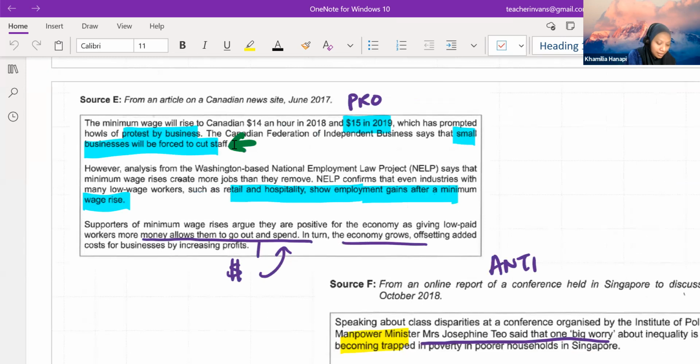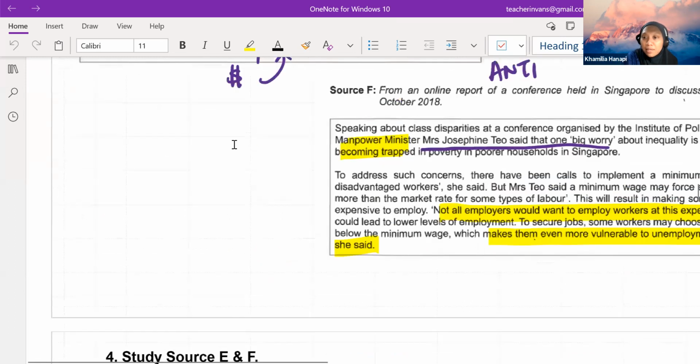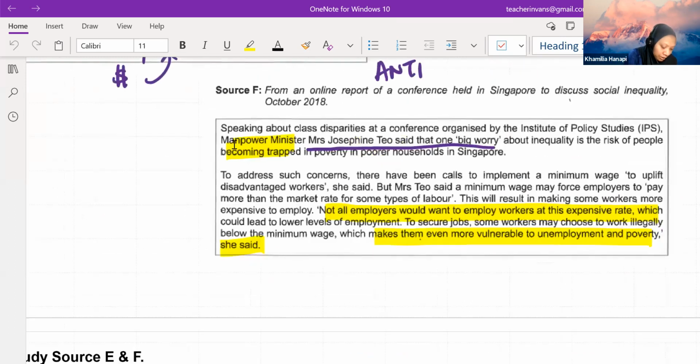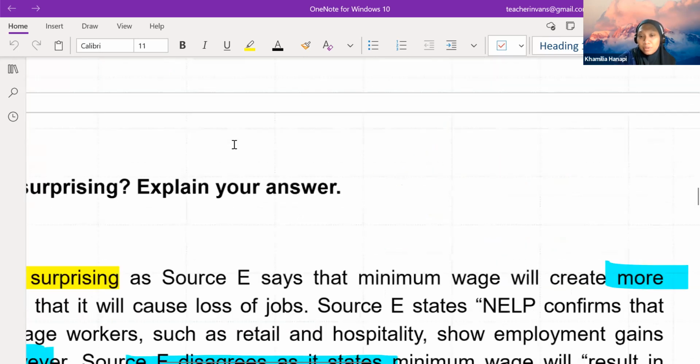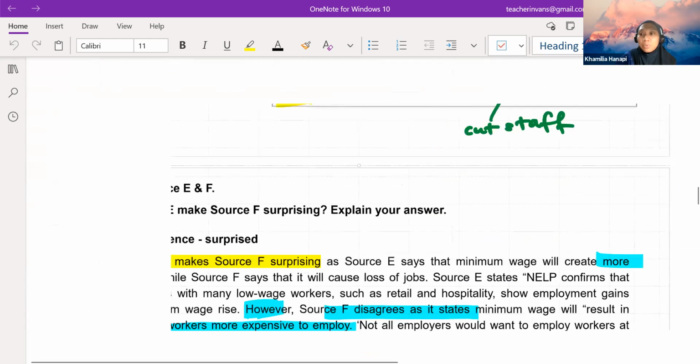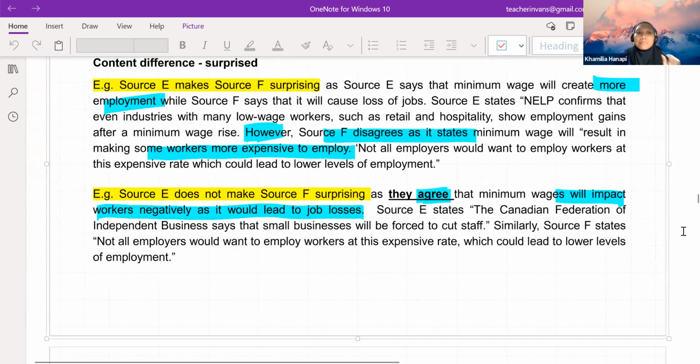And then look at source F. Not many people would want to employ workers. This is again cut staff. Correct? So it shows unemployment. So both of them are not surprising because when we introduce this minimum wage law, there is a possibility that it would lead to job losses.